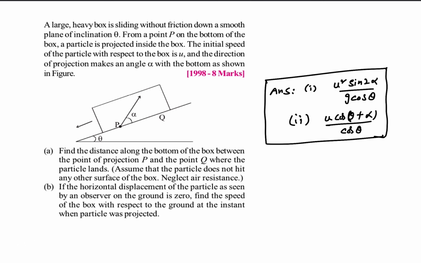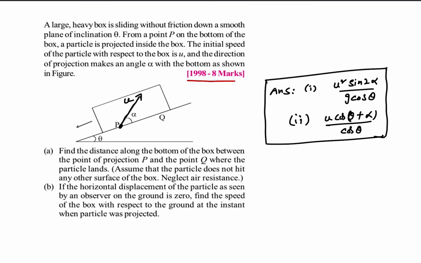Next question. This was asked in 1998, an 8 marks question. A large heavy box is sliding without friction down a smooth plane of inclination theta. From a point P on the bottom of the box, a particle is projected inside the box. The initial speed of the particle with respect to the box is u. The particle is projected from P with velocity u.